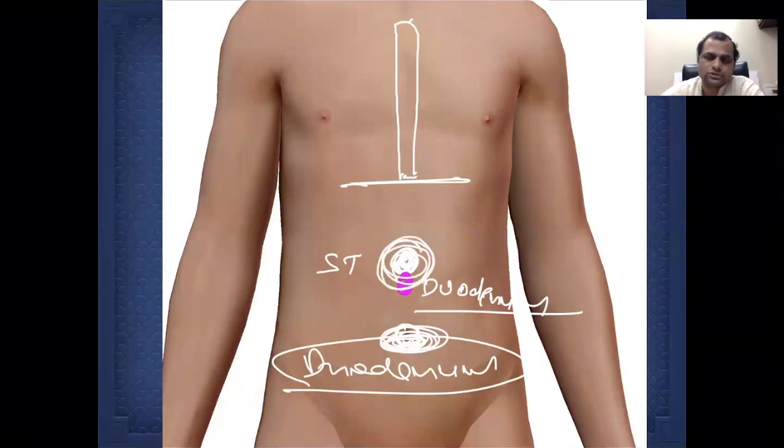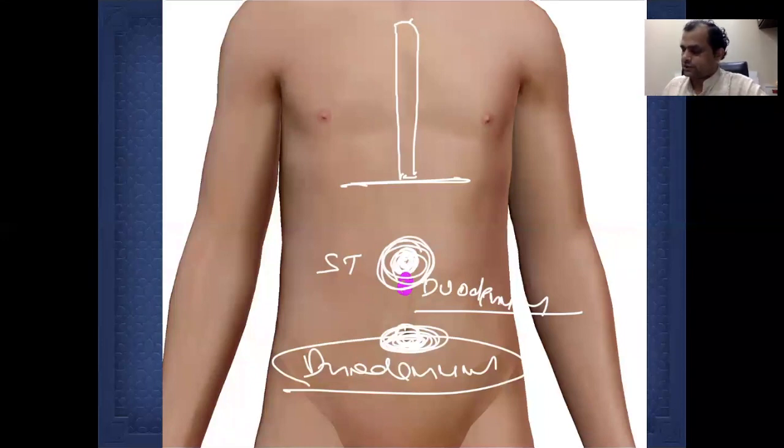I will also show you the practical demonstration. So this is called the stomach or duodenum point.